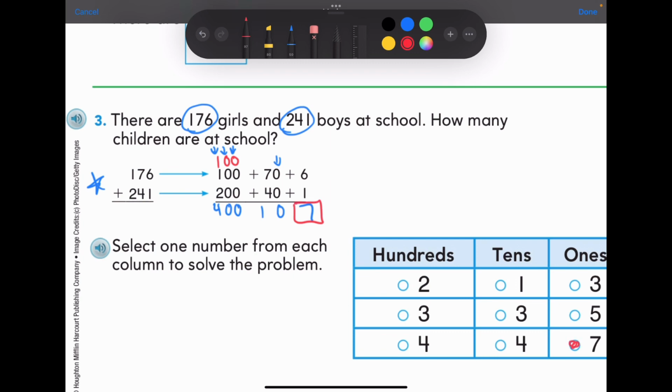So I'm going to say I have 7 ones. I have 10 in the tens. So I have 1 tens, because that's 10. 1 tens. And then in the hundreds, I have 400.